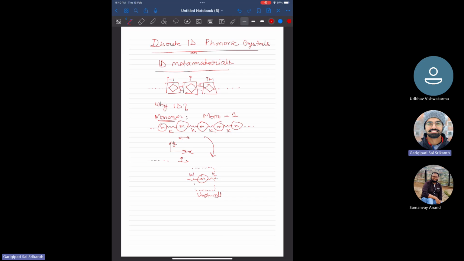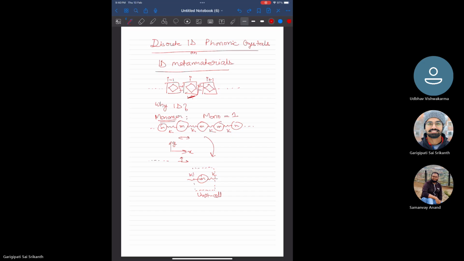So here we have, let's say, unit cells, right? So this is the ith unit cell, and then to the right of it is I plus one, and to the left of it is I minus one. So you can have a chain, but it's not the chain that makes it 1D. Inside the unit cell, you need to have 1 degree of freedom. Let's say here we have x axis and y axis.